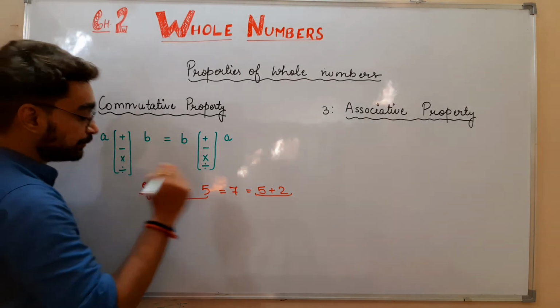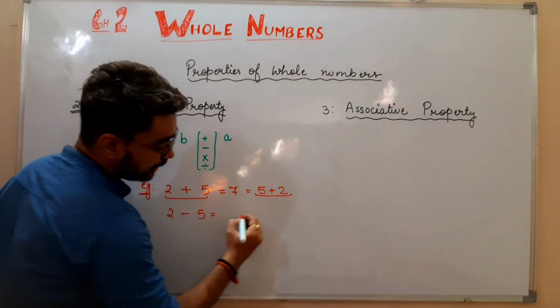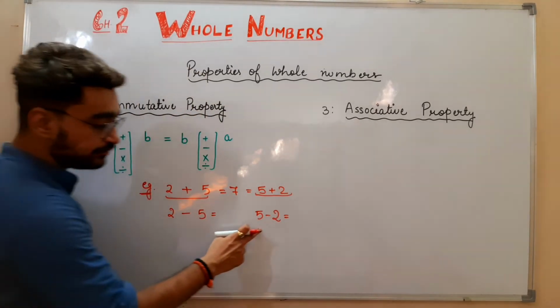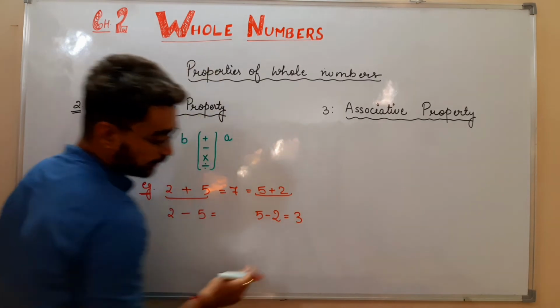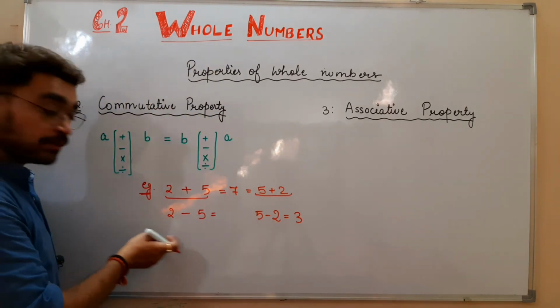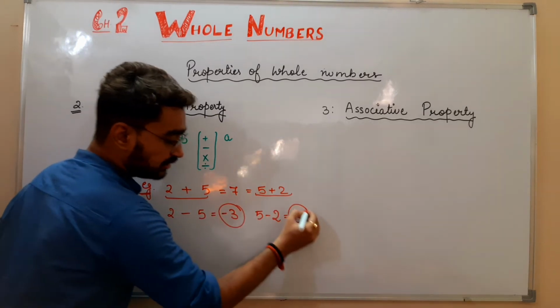In the case of subtraction, what is 2 minus 5 and what is 5 minus 2? Are they the same? 5 minus 2, everyone knows, is 3. But 2 minus 5, subtracting a bigger number from a smaller number, will always be negative. Are they both the same?